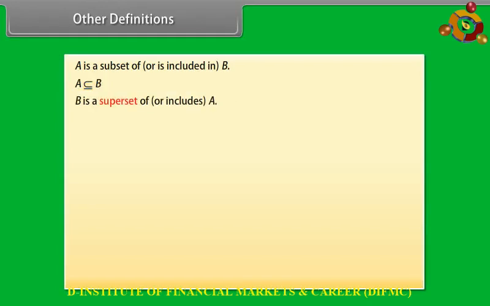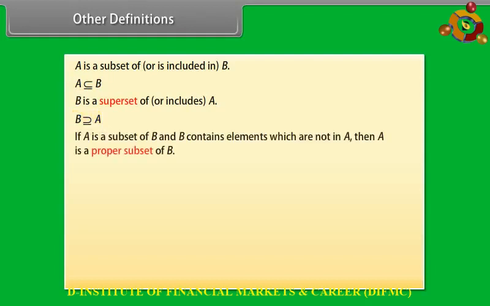B is a superset of or includes A, denoted by this symbol. If A is a subset of B and B contains elements which are not in A, then A is a proper subset of B. If A is a proper subset of B, we use this symbol to designate that relationship.